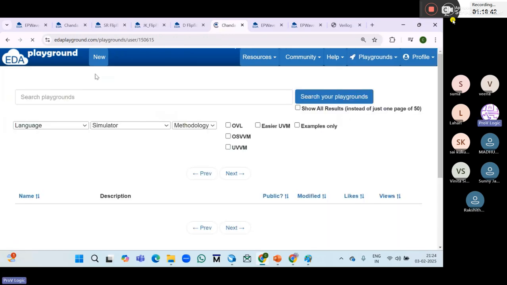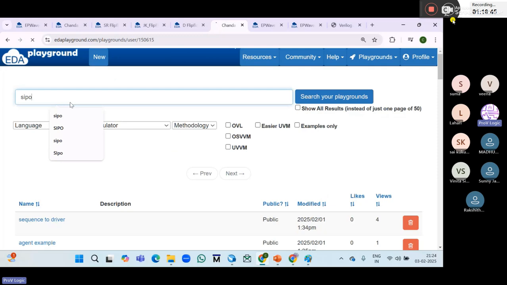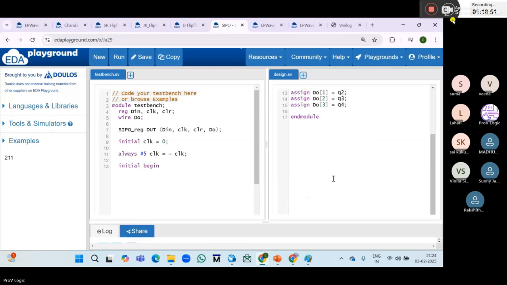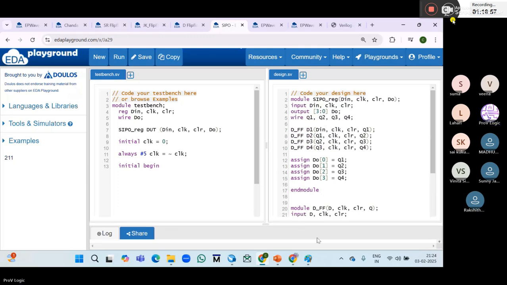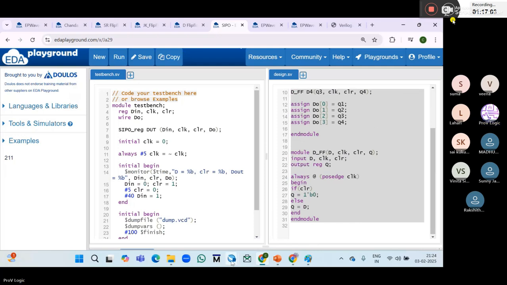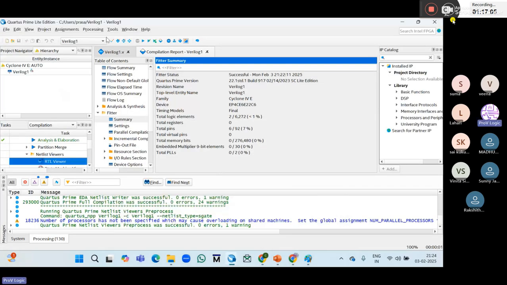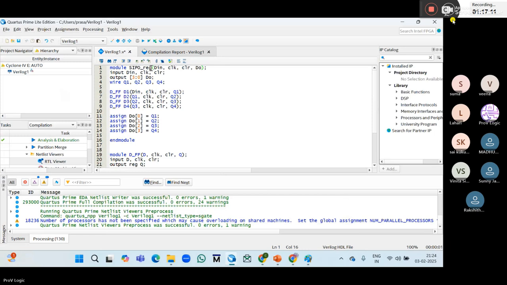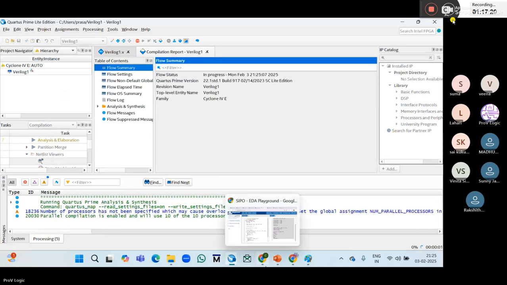Serial in parallel out only I have written in structural. So I'll show you the synthesis of this, and simulation we'll see in the next session. Today I will share all the combinational logic circuit examples. I didn't share all the codes.